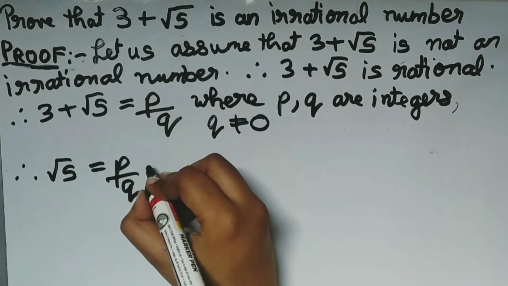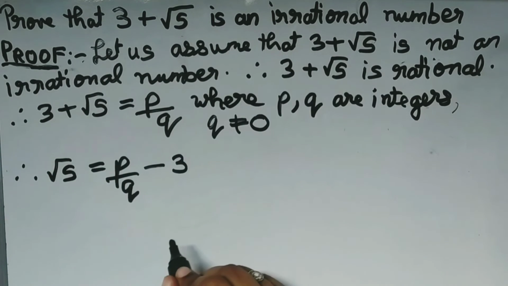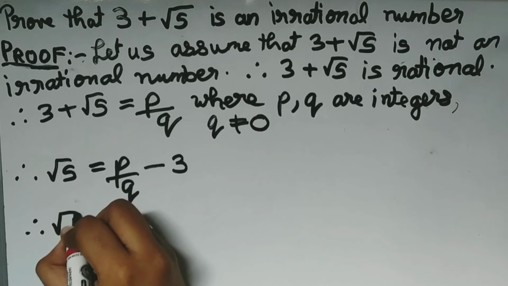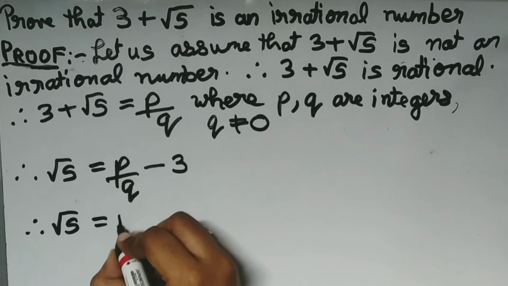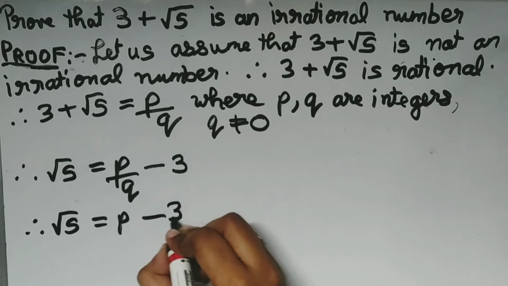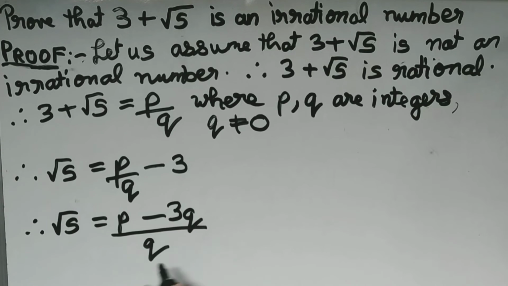Therefore root 5 equals, if we solve, P minus 3Q, the whole upon Q.